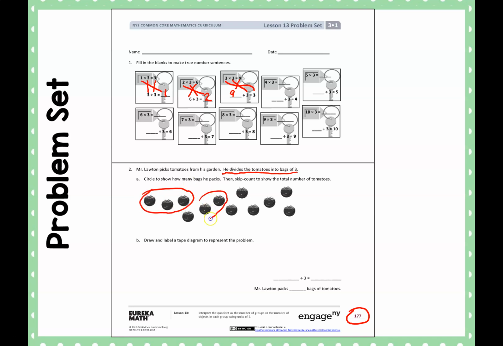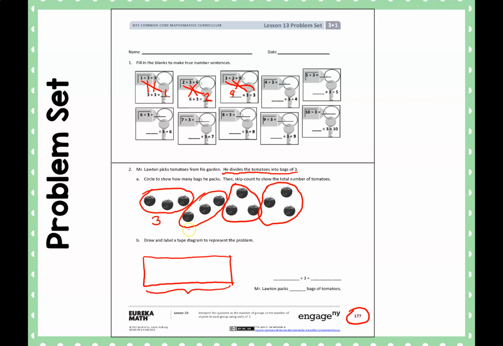1, 2, 3, 4. That part's done. Now we have to draw and label a tape diagram for this problem. So I'm going to draw out my tape diagram. Let's look at what is our total. How many tomatoes are there total? Let's skip count.